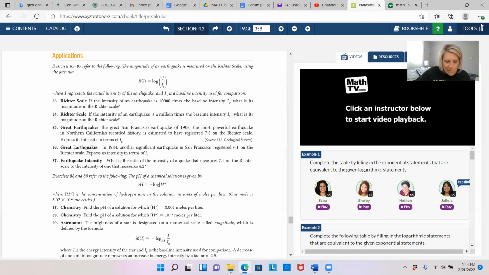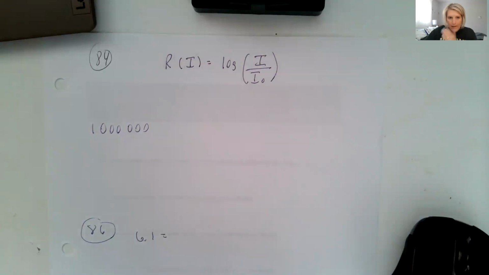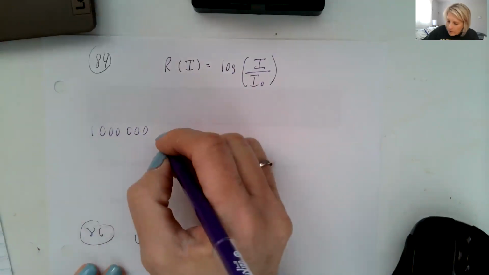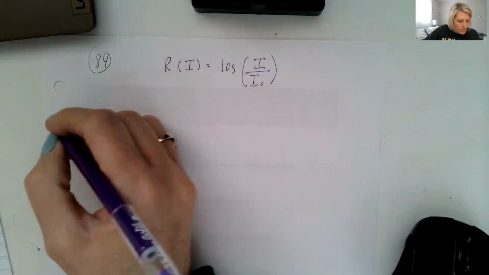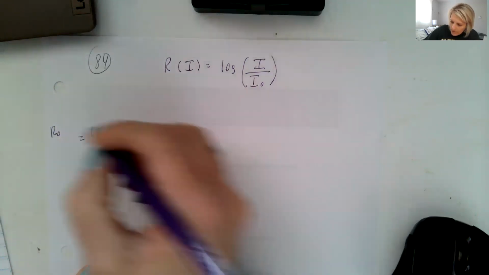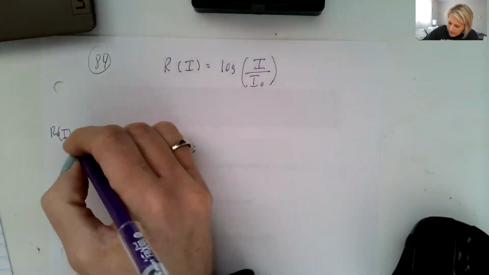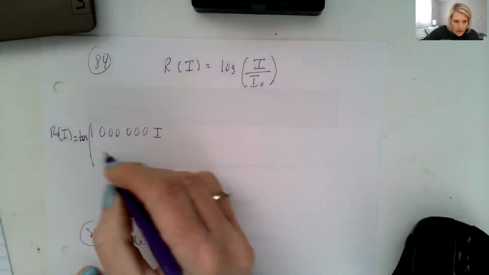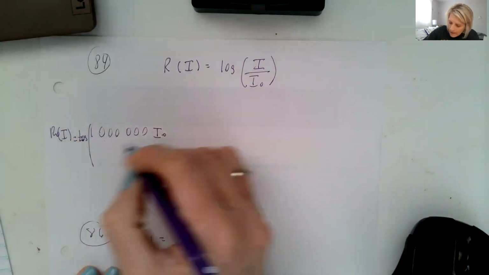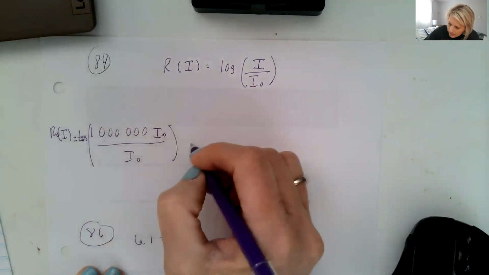Okay. So 1,000,000 times the baseline would be, R of I is equal to 1,000,000 times the baseline. We have to take the log of that, 1,000,000 times the baseline I0 over I0.